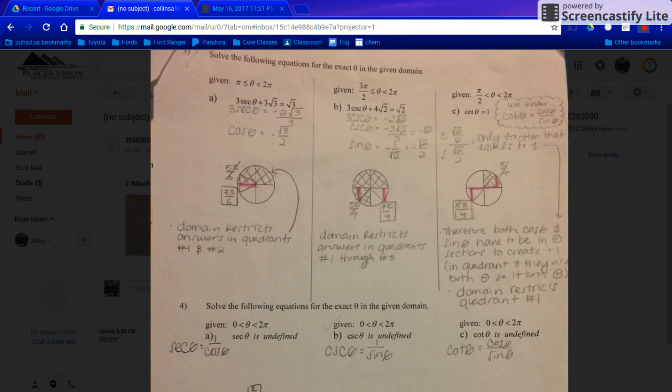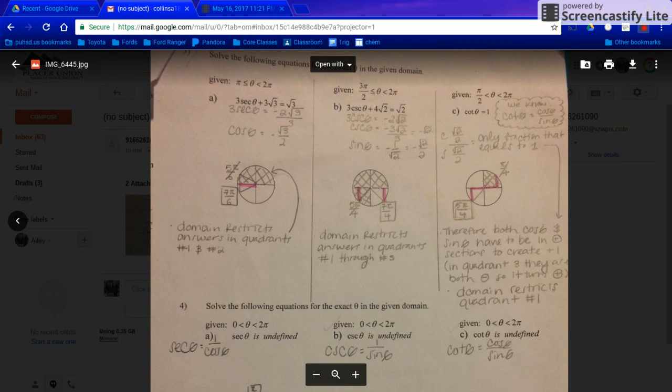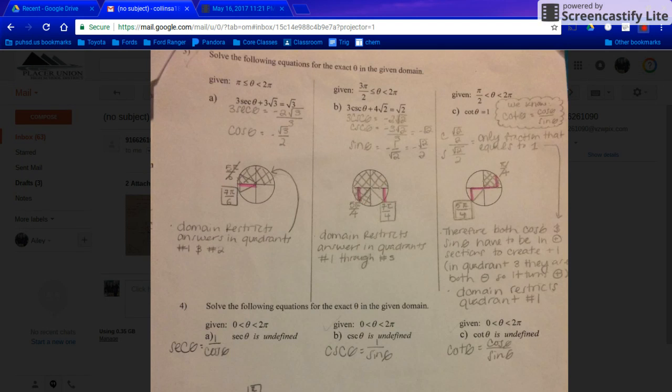And then we're solving for sine theta. And since cosecant is equal to 1 over sine theta, you're just going to bring 1 over sine theta down across from sine theta and replace sine theta with the answer, which was negative root 2. It then simplifies to negative root 2 over 2.